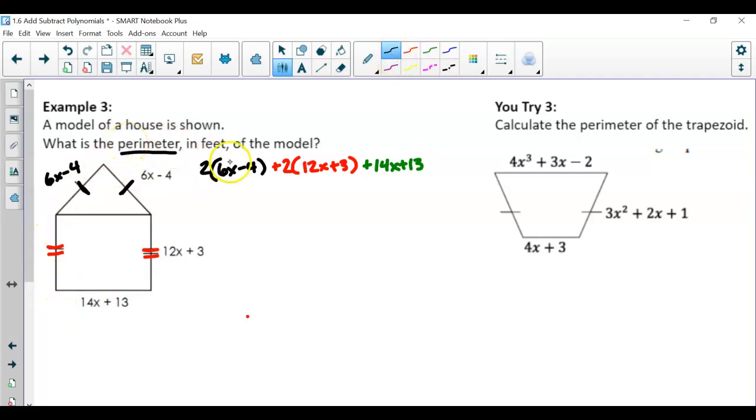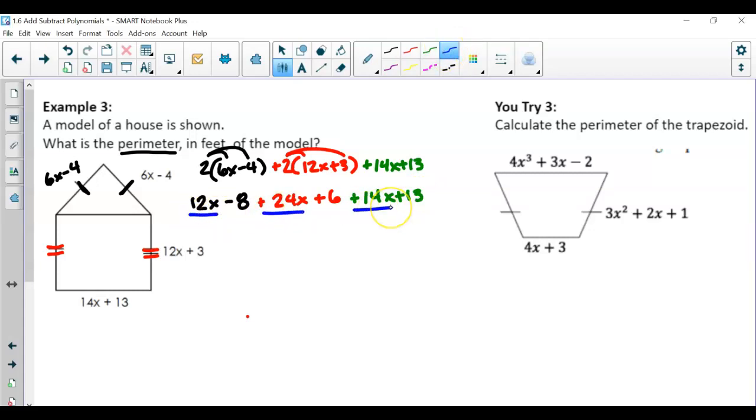So we can go ahead and, of course, distribute. So what we're going to combine here is 12x minus 8, right, from distributing our 2 here. Then again, distribute that positive 2 here, doubling. So now plus 24x, but now plus 6. Then just bringing down, plus 14x plus 13. Now we can just go through and combine like terms.